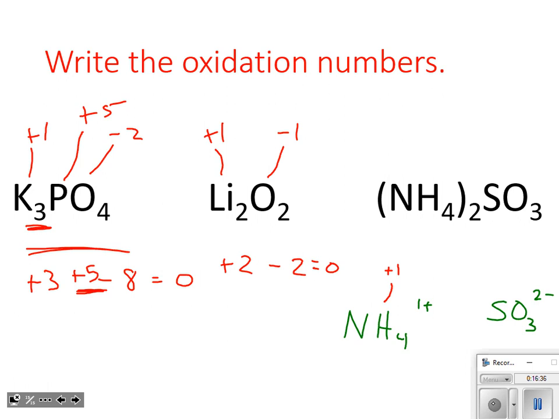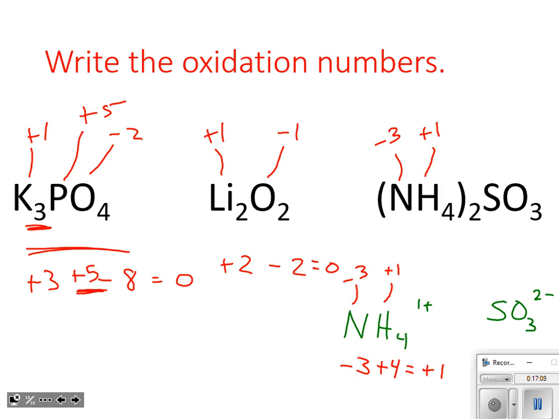Well, that means that that nitrogen's got to be -3. So I can put that in -3 and that in +1. Then I break it down and come over here. Do I have a peroxide? SO3 2-. Is oxygen a peroxide there?